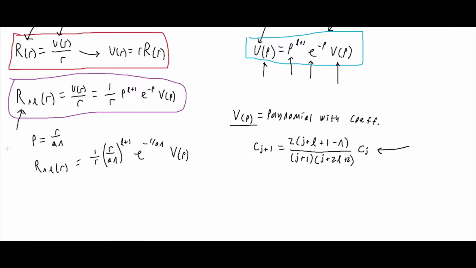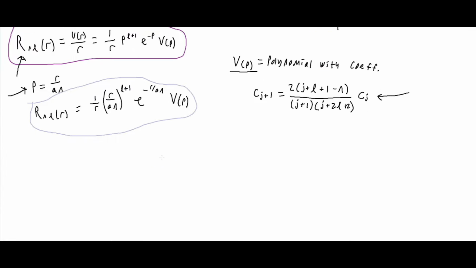We also saw in our last video that rho is equal to r over an, and if we make that substitution, we end up with this right here. This is the radial function we're going to be working with.